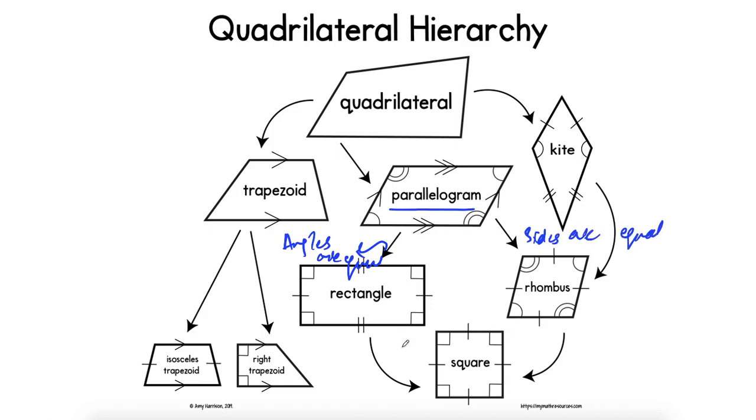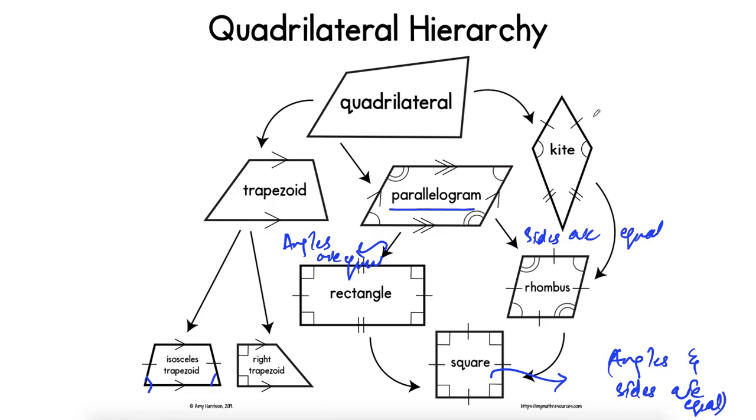And now from these two, if we move to the square, angles and sides are equal. And in a trapezoid, if these two sides and these two angles are equal, this will be an isosceles trapezoid. And if two angles are 90 degrees, that will be a right trapezoid.